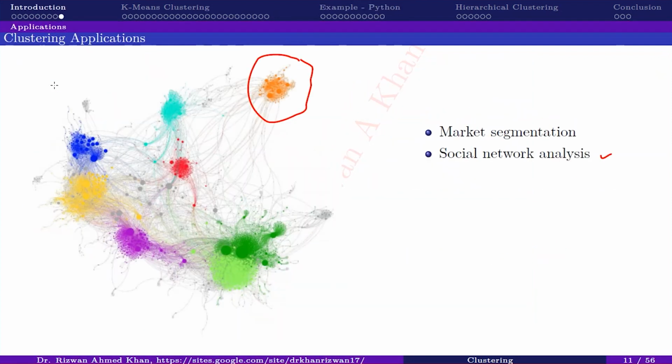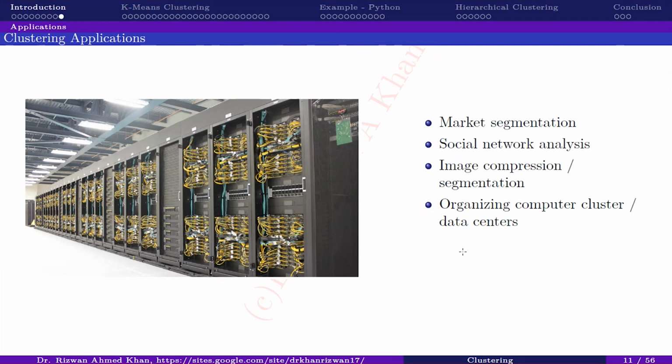So this was the third application area, and the fourth one is organizing computer clusters in data centers. In data centers, usually certain groups of computers start working together based on the data they have or based on the job they are doing. So if we have this kind of analysis, then we can organize these data centers better, right?